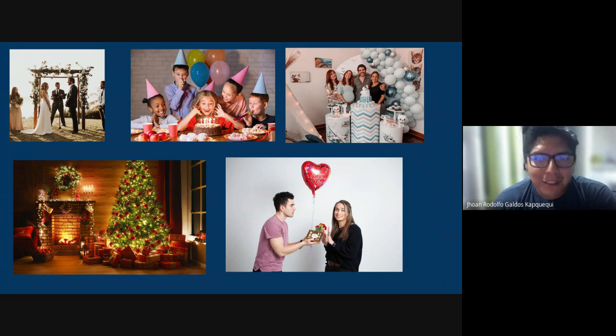In the third picture, we see some people, and one of them is a pregnant woman. They are enjoying themselves in a sort of celebration, so we can assume that this is a baby shower. In the next one, we see a Christmas tree, some gifts or presents, and well, the name of the tree gave it itself.